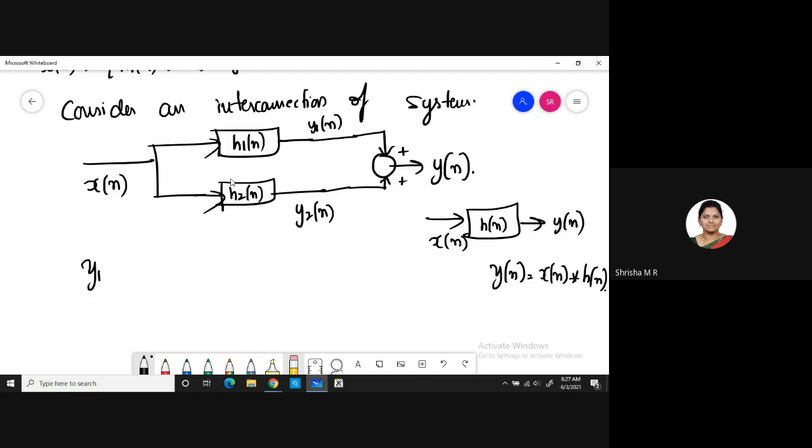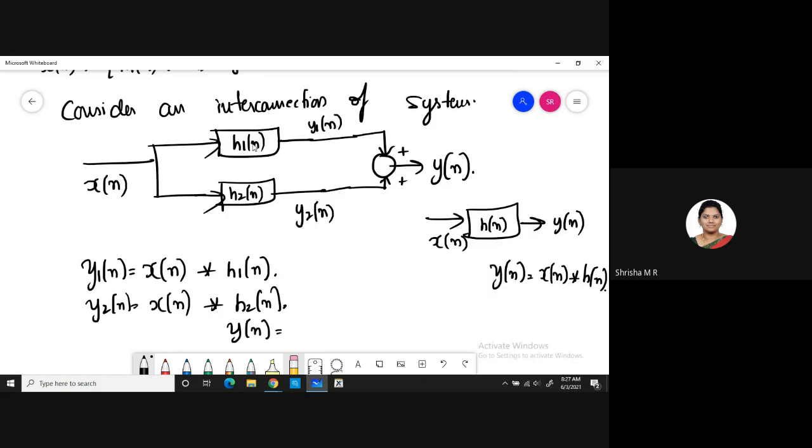So we'll take what is y1 of n. y1 of n is the output from h1 of n when the input is x of n. So y1 of n, I can write as x of n convolved with h1 of n. Similarly, I can write y2 of n as x of n convolved with h2 of n. So our y of n will be the summation of y1 of n plus y2 of n.